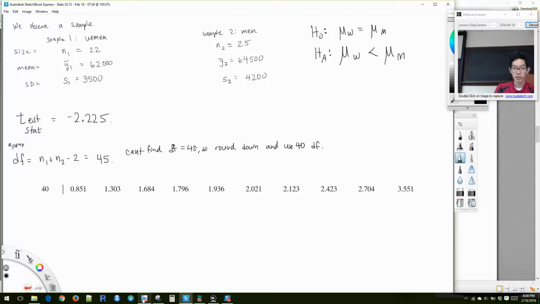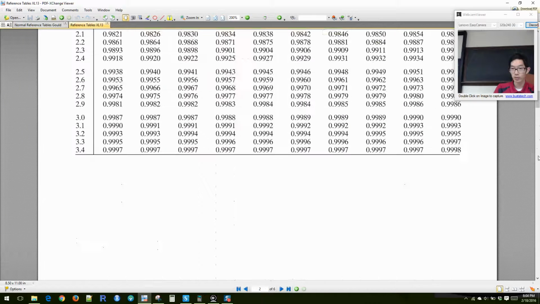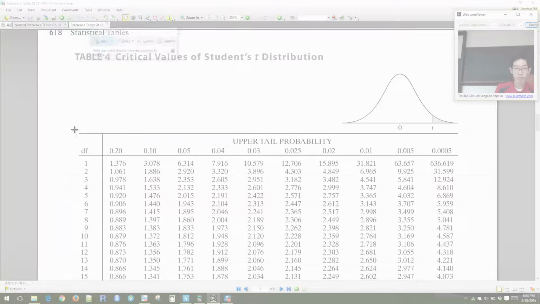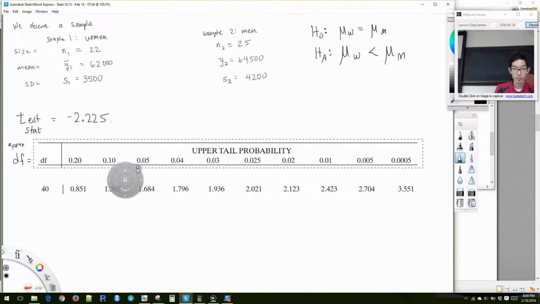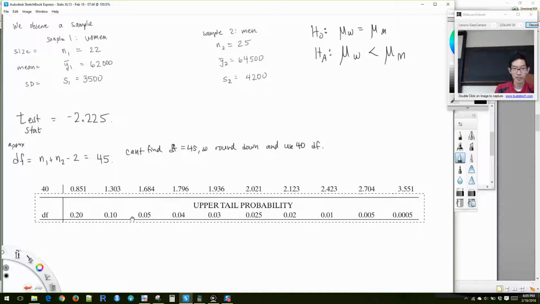I'm just going to copy this relevant piece of the table.